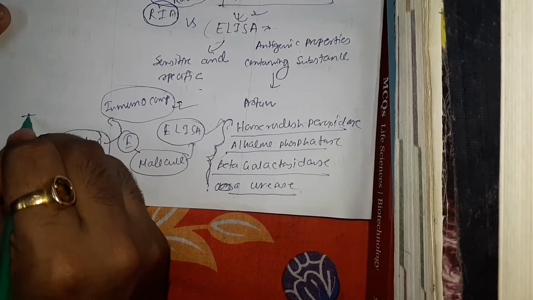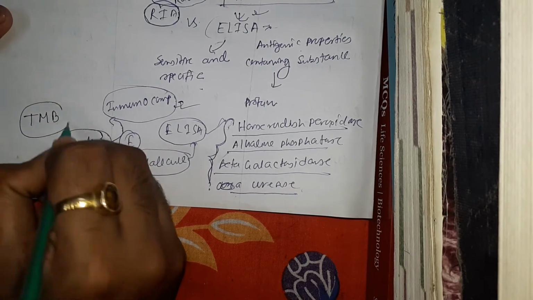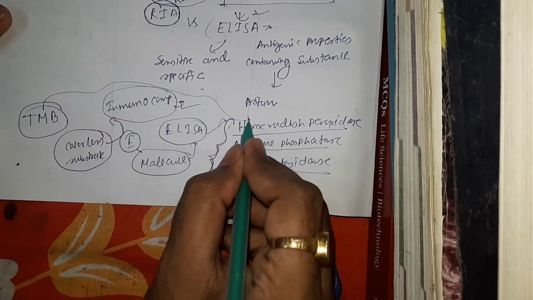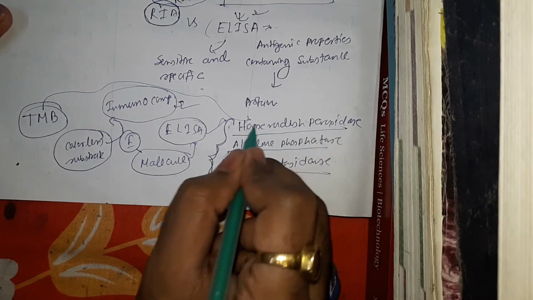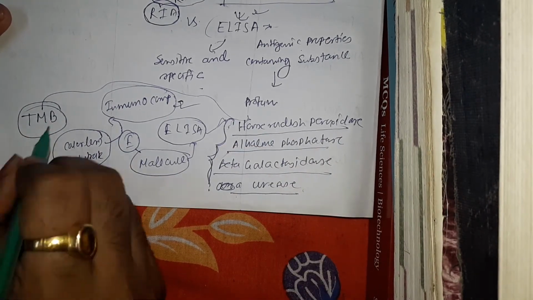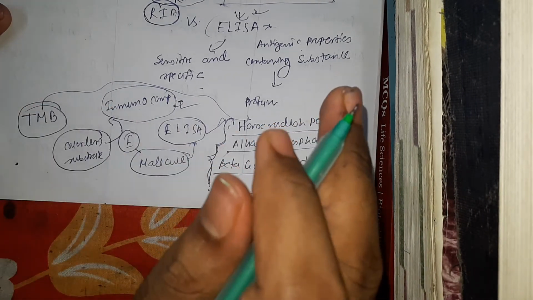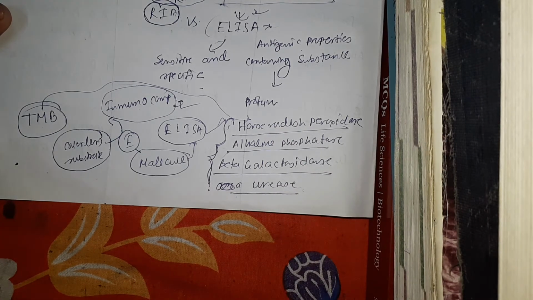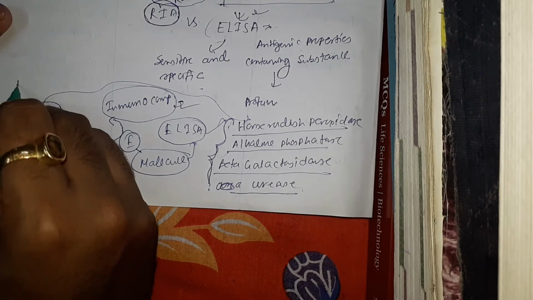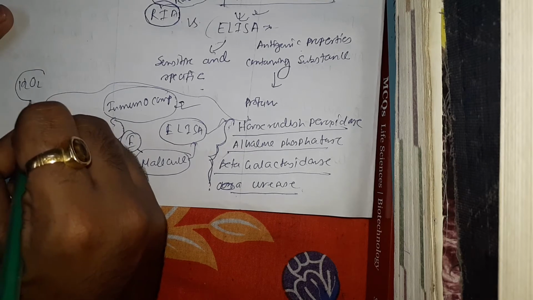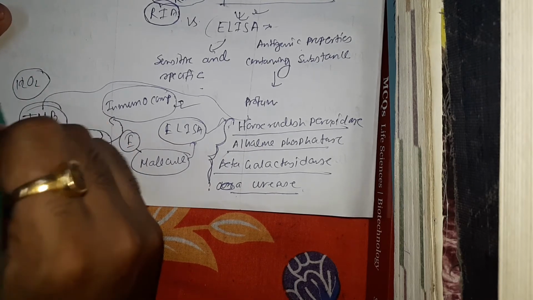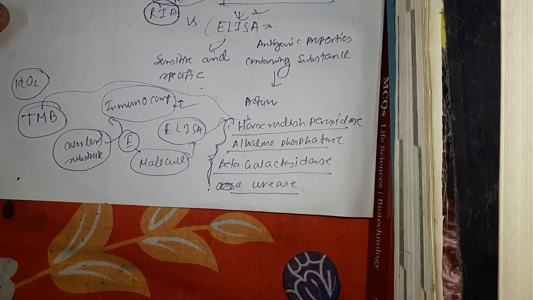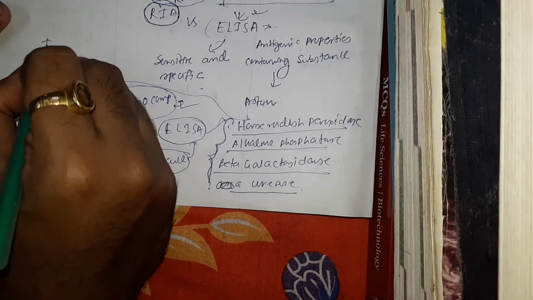One important substrate is tetramethylbenzidine, which is specific for horseradish peroxidase. It is usually an oxidizable substrate that in the presence of peroxidase becomes oxidized. It takes the OH group from H2O2 and becomes oxidized. The reaction is something like that.